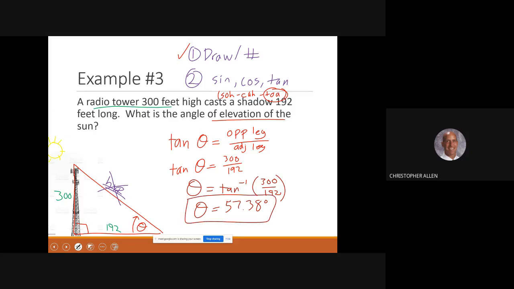That is the angle of elevation. Okay. Any questions on that one? Okay, so let's go ahead and move on then to our next example.